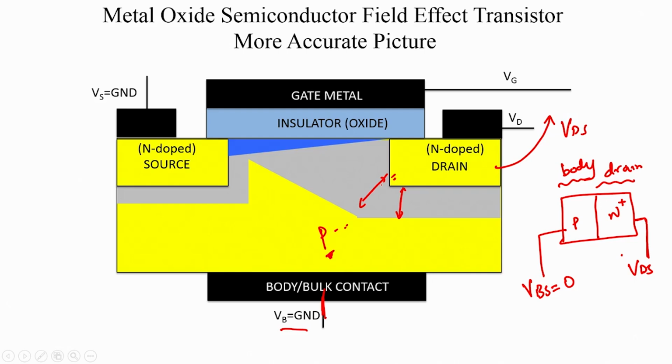Okay, I probably exaggerated it here, but you will not have such nice sharp lines, you will have a region that is much more gentle and gradual like that. And near the source side, since the PN junction has got 0 voltage across it, it will have the same depletion layer.